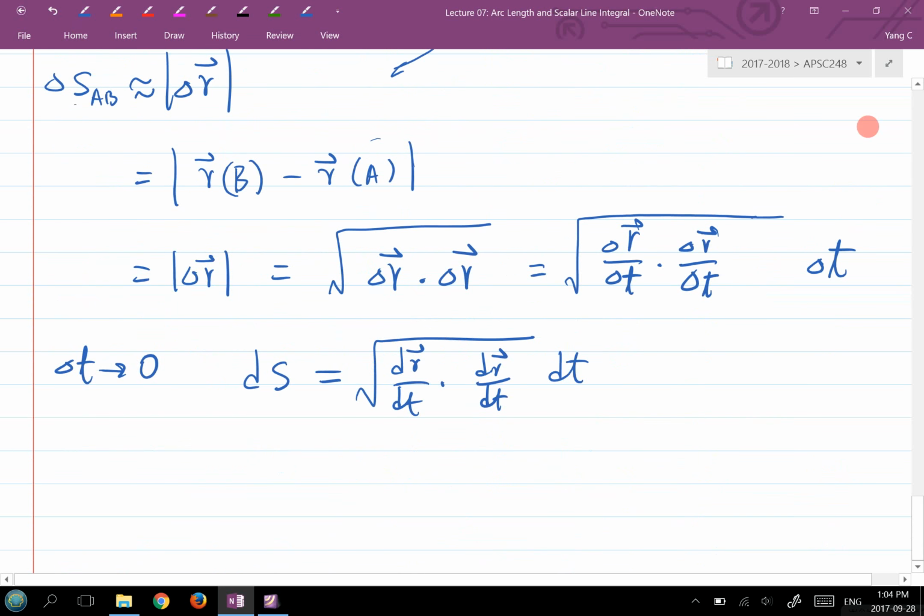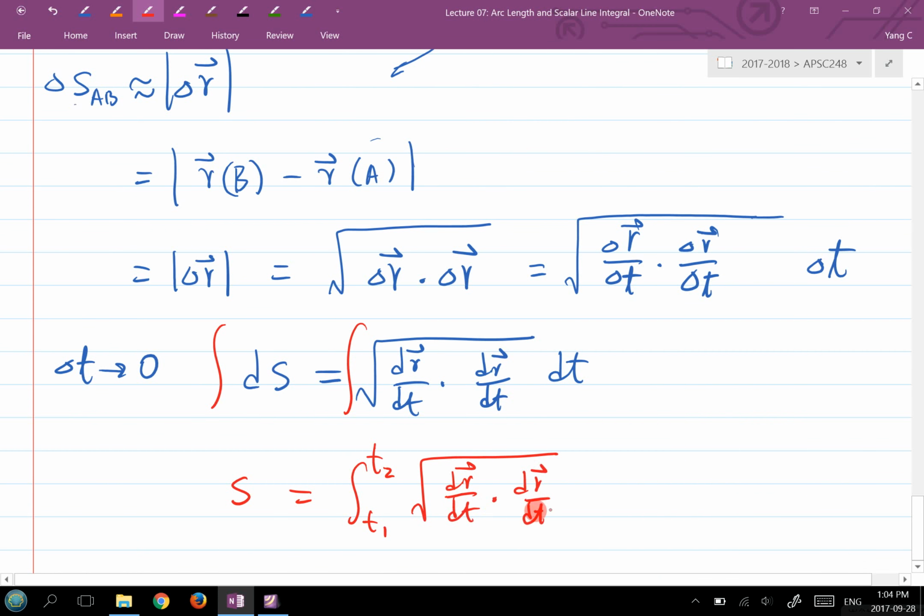Now we can integrate both sides. Then the integration of d anything gives us back that something, the s. And this is equal to the integral of this one, which is in terms of t, from t1 to t2, of the square root of dr over dt, dr over dt, times dt.